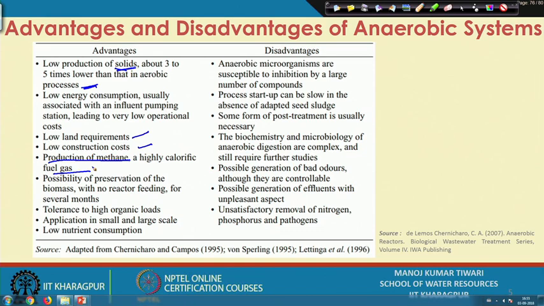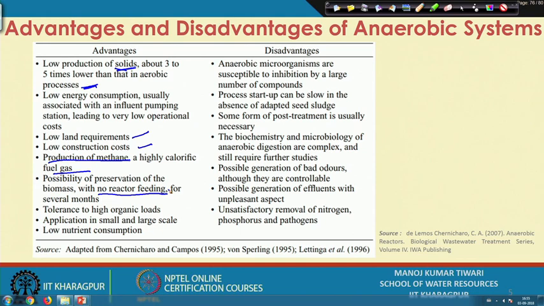So, even if reactor feeding is stopped for a few days, or at times even a month, they do not need oxygen to survive. That criterion is not there, and even if the carbon supply is stopped, they can still survive for several months. That gives the possibility of preservation of the biomass, which still remains active and workable.